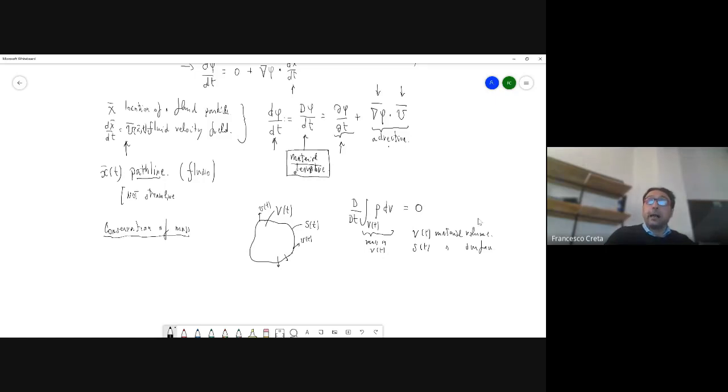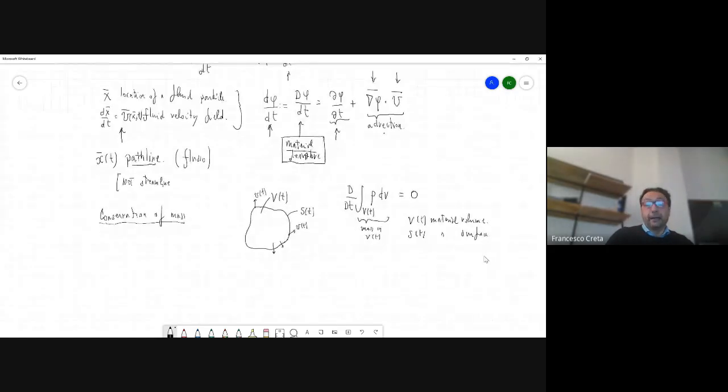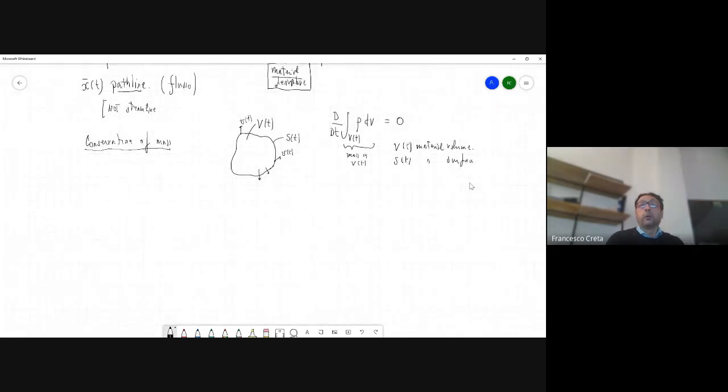Right, so now the only problem that we have, let me just put a big box here. So this is the conservation of mass.